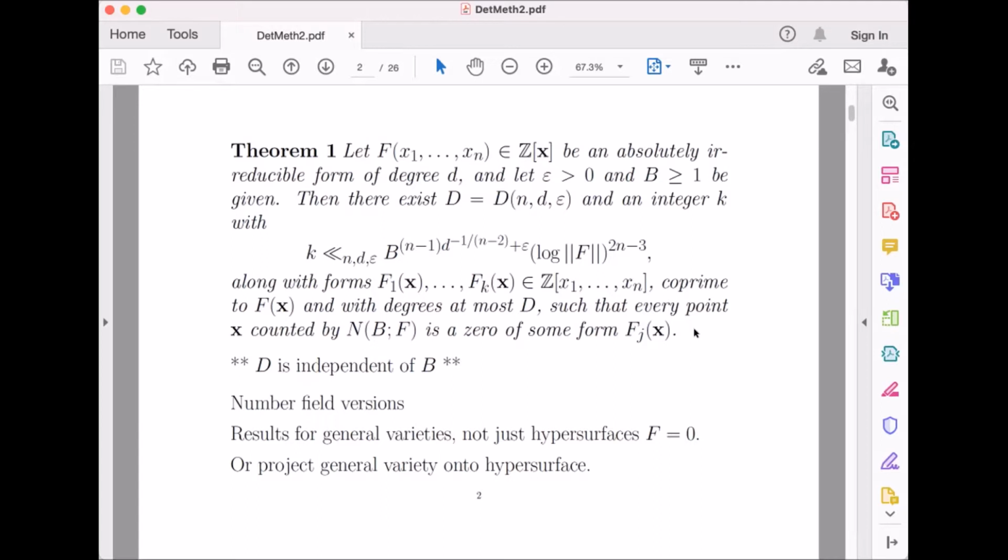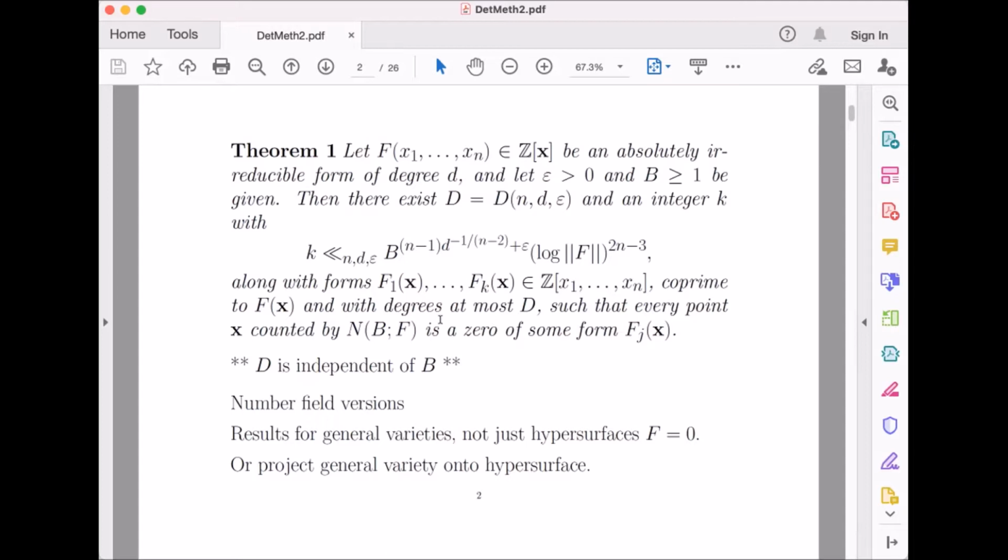So you can envisage, maybe in the case of a surface, all the points on the surface that lie in this box are also points of one of the surfaces fj equals 0. So there are these auxiliary forms that cover all the points of relevance.